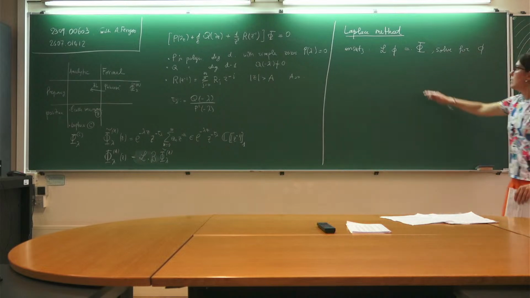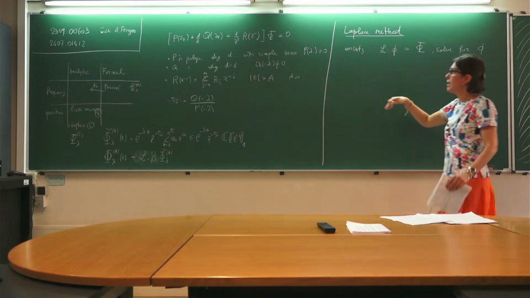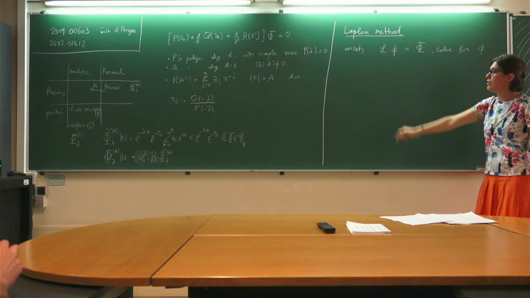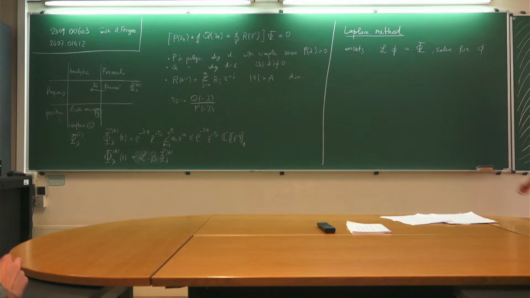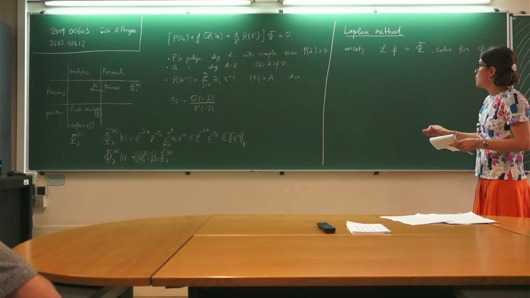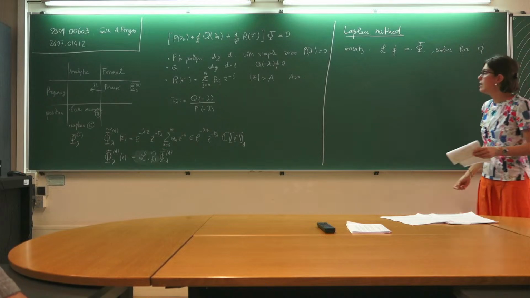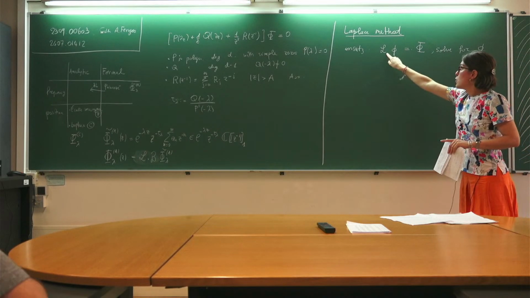The idea is you take phi, you plug it in the equation, and then you will get another equation for little phi, and then you try to solve for little phi. But as I said, for us it's important to specify here which Laplace transform we have to take. So we have two labels.